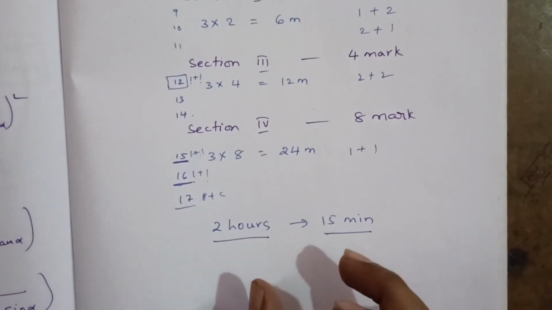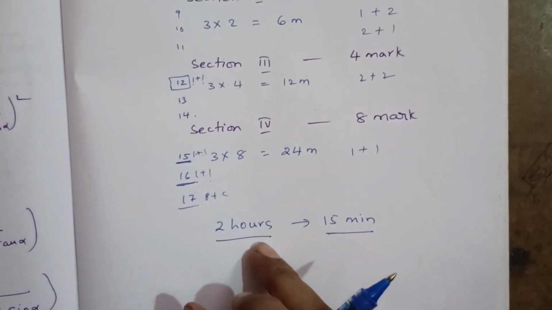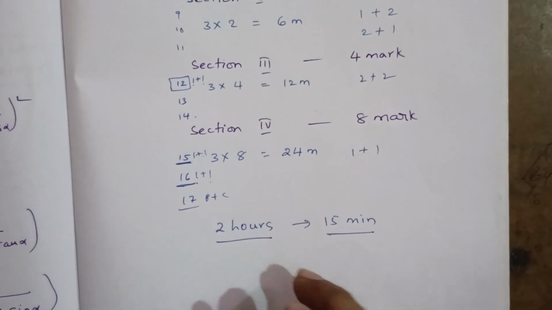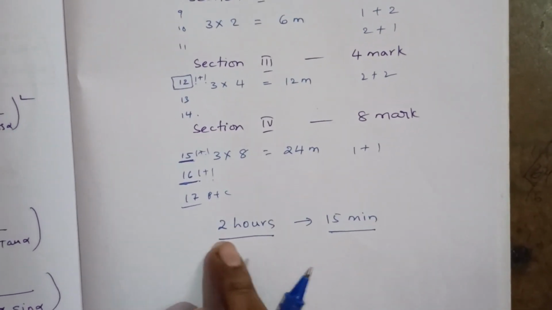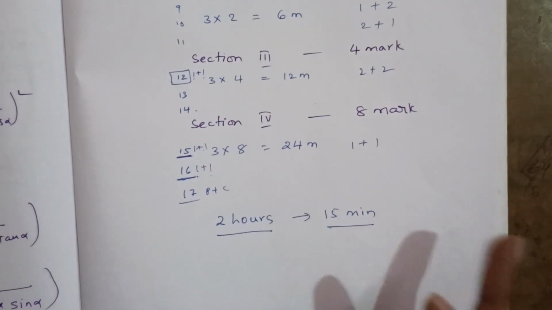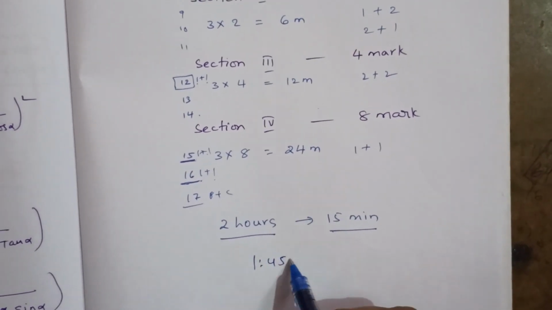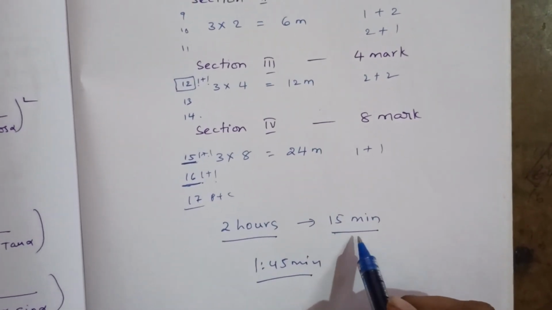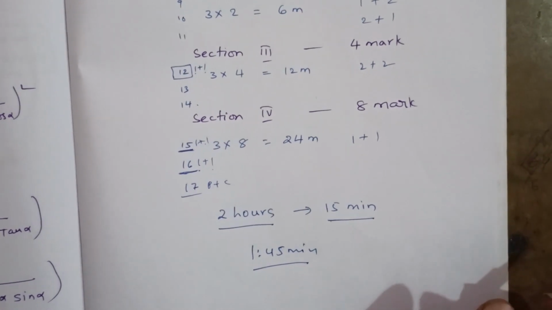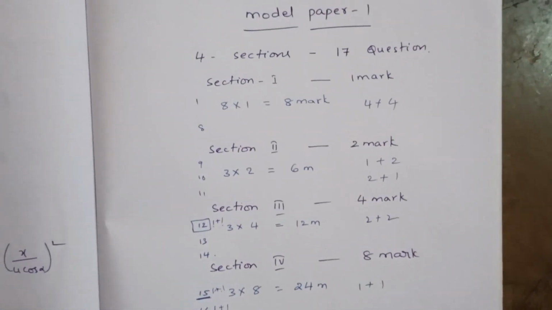Last year they conducted physical science and biology at a time, but by seeing this we can think that physical science is one day and biological science is one day. In the biology question paper also they mentioned 2 hours 15 minutes for reading the question paper. So here 1 hour 45 minutes to write the answers, and 15 minutes to read the question paper. Okay, these are the instructions and this is the question paper pattern.